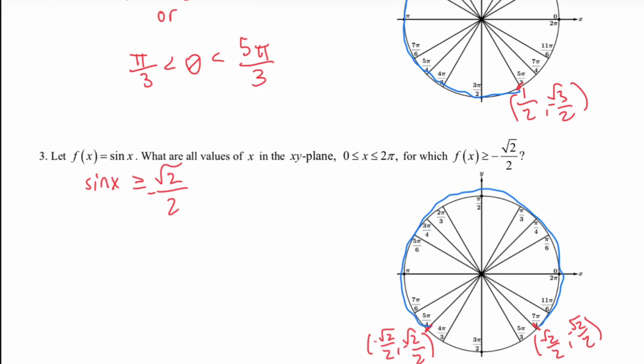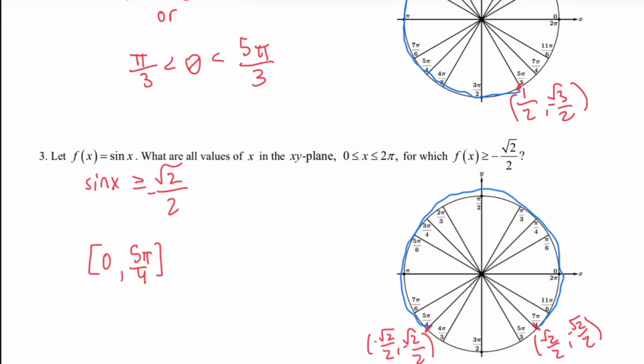So what we do want to write, and because of this right here, we cannot include 2 pi, but we can include 0. So we want to start at 0 and then go all the way to 5 pi over 4, our first value. Are we going to use a closed bracket or open bracket there? Let's look back at here. We're going to be using a closed bracket. We can include these values, so we can also include 0, so close bracket at 0. 0 to 5 pi over 4, and then close bracket there.